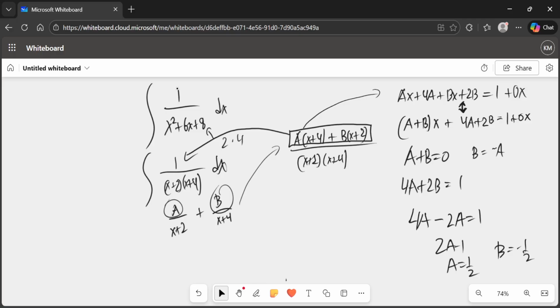Okay, so now if a is equal to 1 half, we get 1 half over x plus 2. This becomes 1 half over x plus 4. I'm splitting it apart and factoring it out just because it's simple. If I need to go slower there, let me know. You might not always want to do this. Actually, you will.